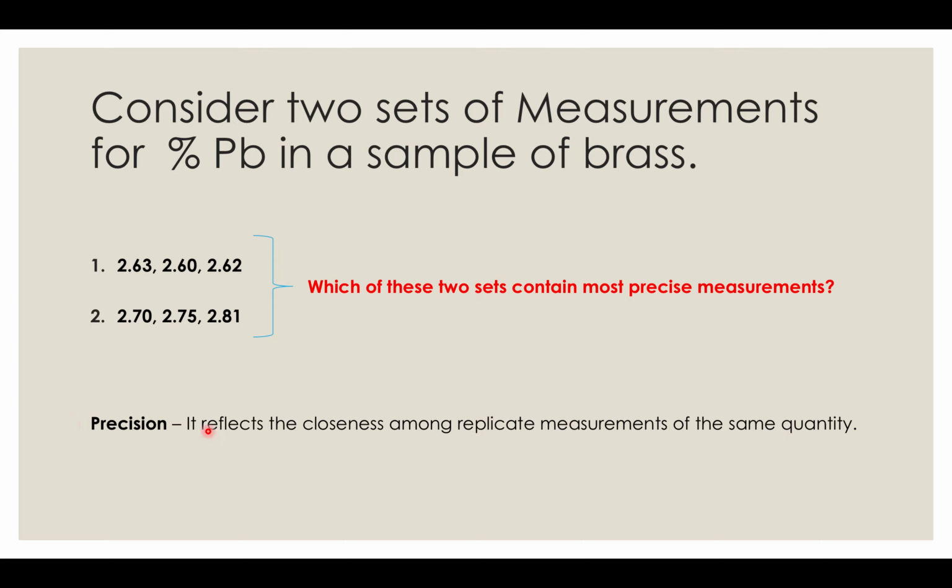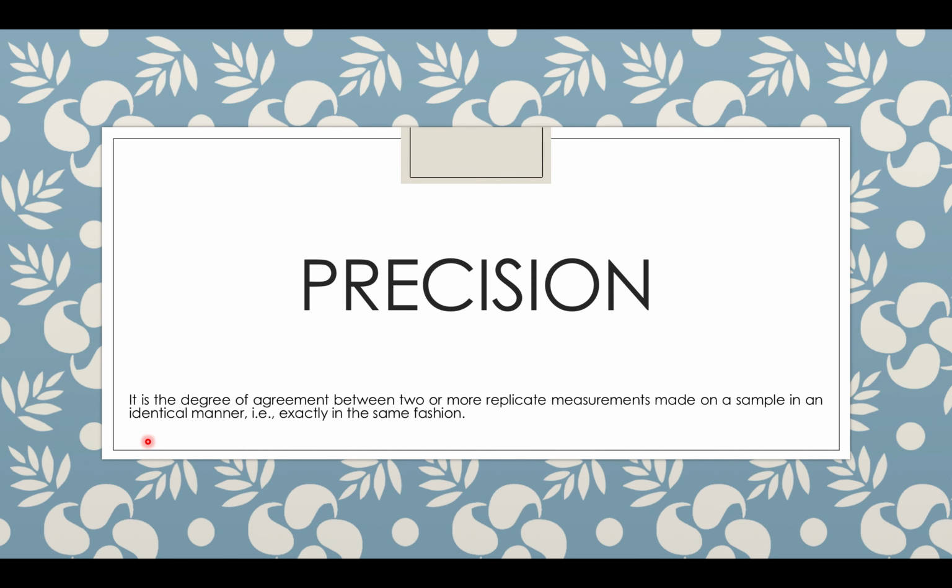So that is the physical meaning of what we understand or define by precision. Let's look into the textbook definition of precision. It is the degree of agreement between two or more replicate measurements made on a sample in an identical manner, that is, in the same fashion.